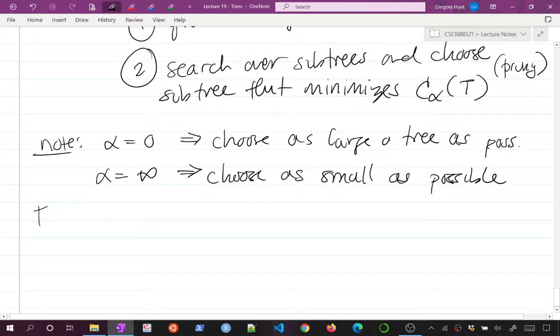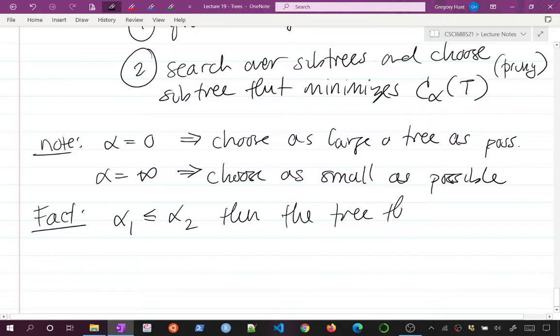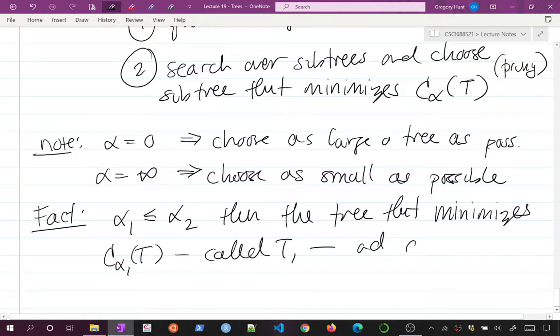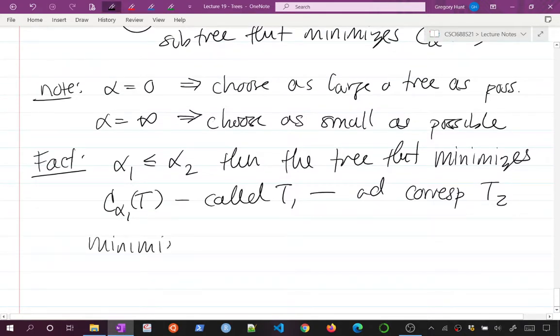The other fact here, which I'm not going to go and prove, is that if alpha 1 is less than or equal to alpha 2, then the tree that minimizes C alpha 1 of T, let's call it T1, and if T2 correspondingly minimizes C alpha 2 of T, then T2 is a subtree of T1.